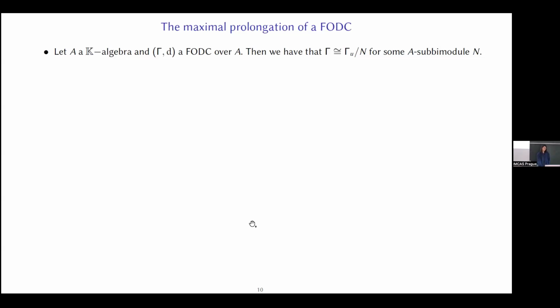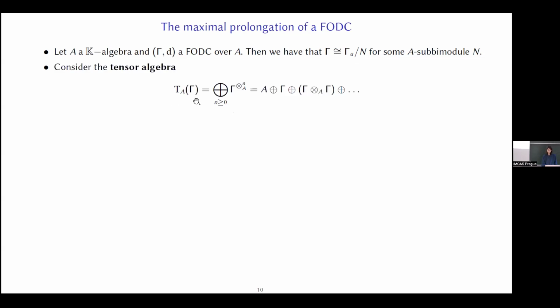Now we get to the maximal prolongation. You can have any first order differential calculus over an algebra A, and you can prolong it to a differential calculus by this construction. We know by Woronowicz's result that any first order differential calculus is, as an A-bimodule, the quotient of the universal first order differential calculus by N, some A-sub-bimodule of the kernel of the multiplication.